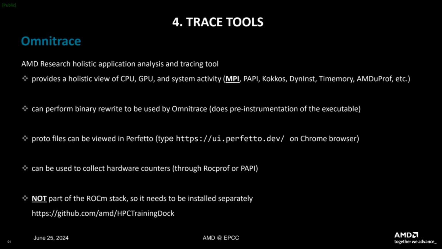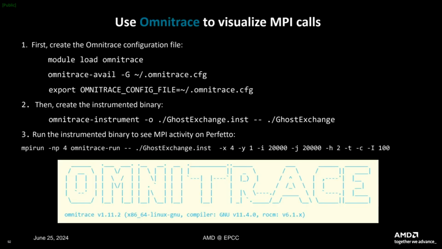And with Omnitrace, you can instrument your binary and then basically run Omnitrace directly on your instrumented binary. And then you can decide what type of information you want to see on your traces, which are also visualized in Perfetto, but they're not JSON files, they're proto files.